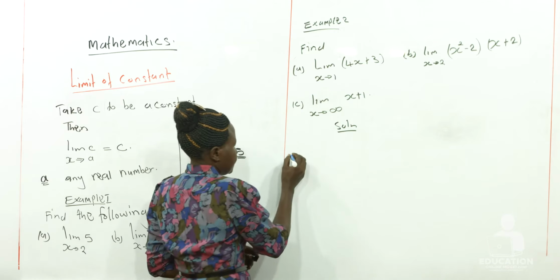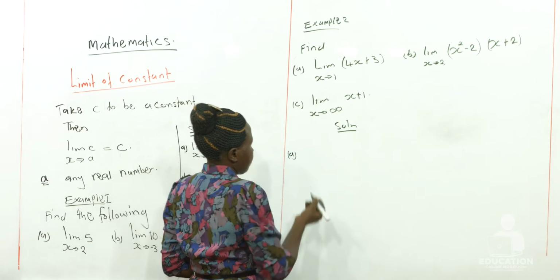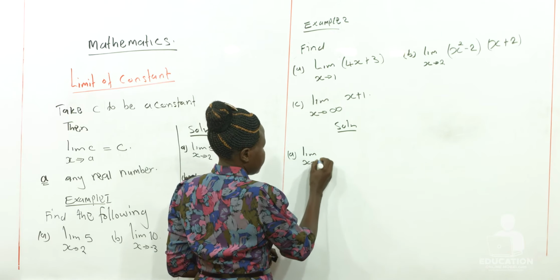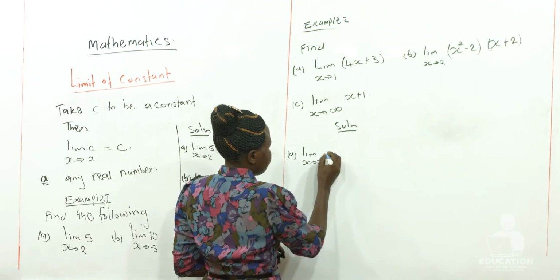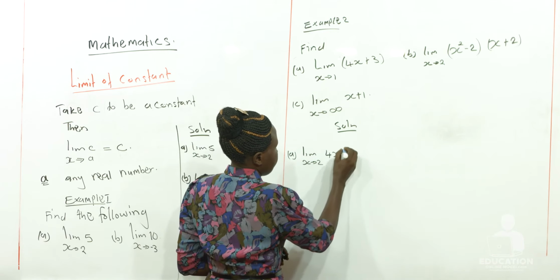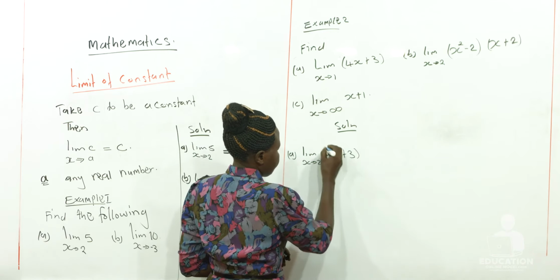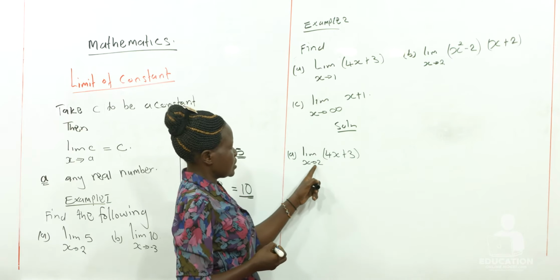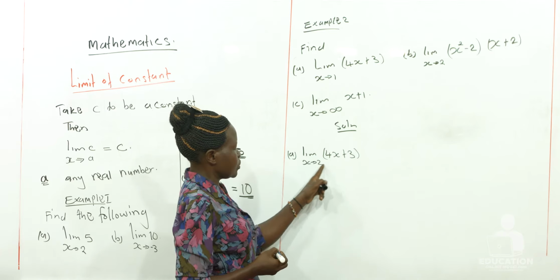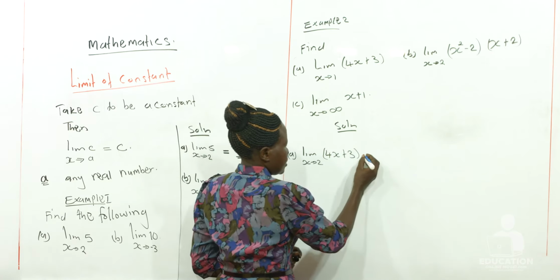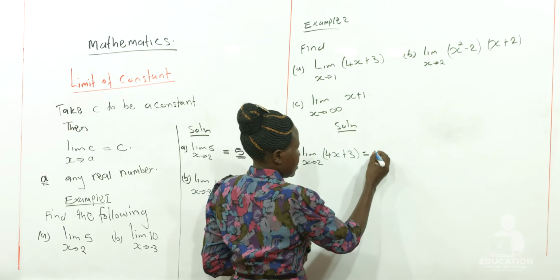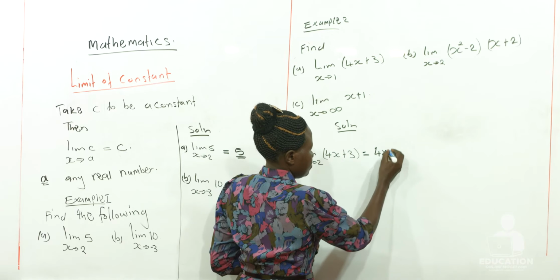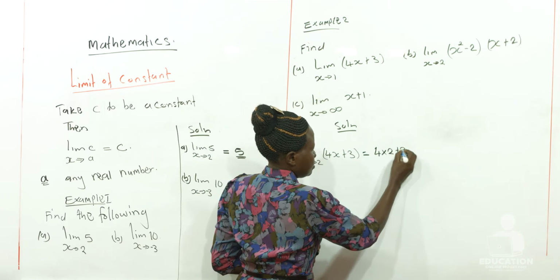Part A, we say lim x is approaching 2 of 4x plus 3. Since x is approaching 2, it is the same as to say we shall have 4 times 2 plus 3.